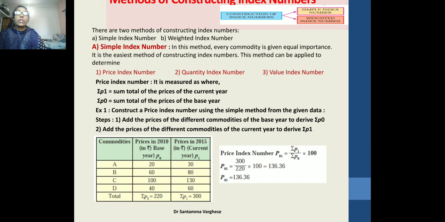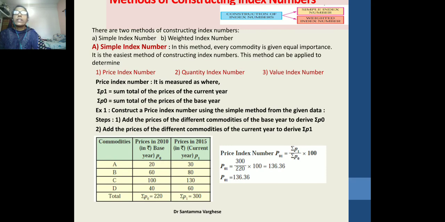Okay. Now we are going to discuss about the simple index number. In simple index number, there are three methods, which are there: price index number, quantity index number, value index number. We are studying the method of constructing index number. In method of constructing index number, how many are there?